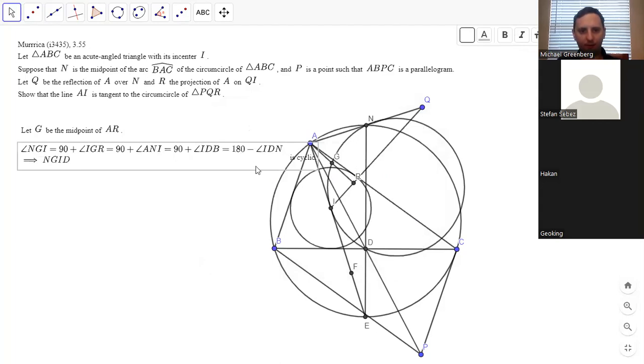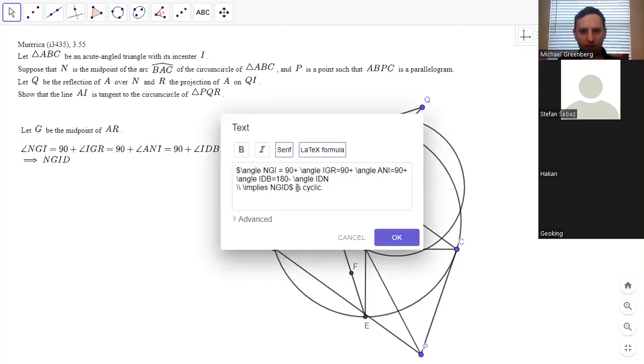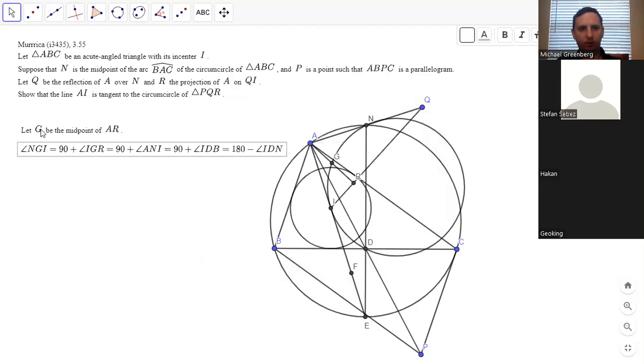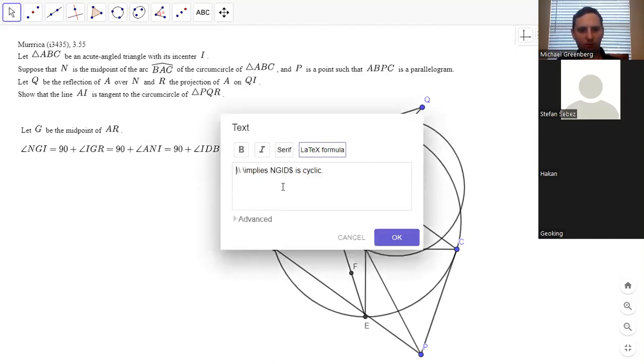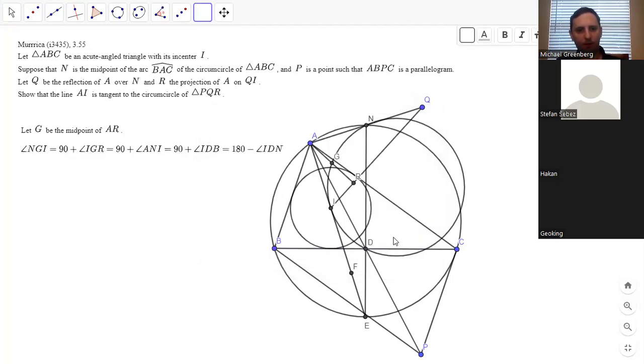Why does it do that? Let me just do this. Just do it as two separate things. Okay. All right. So we have NGID is cyclic.